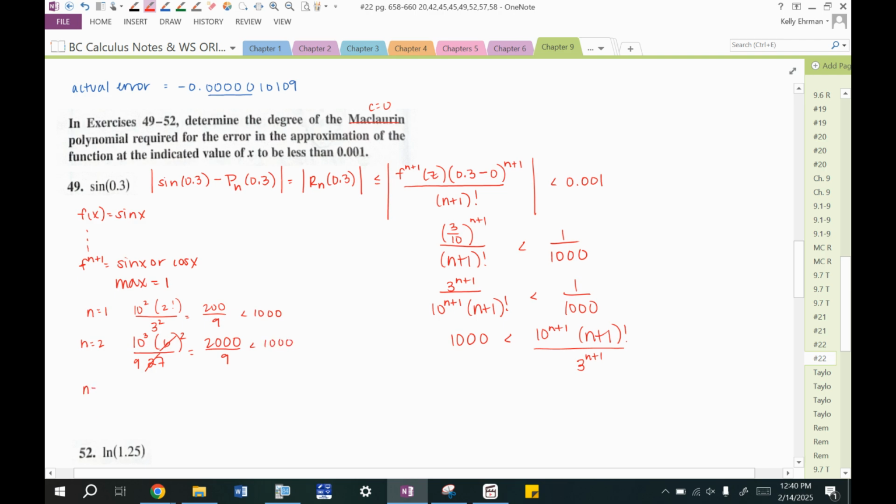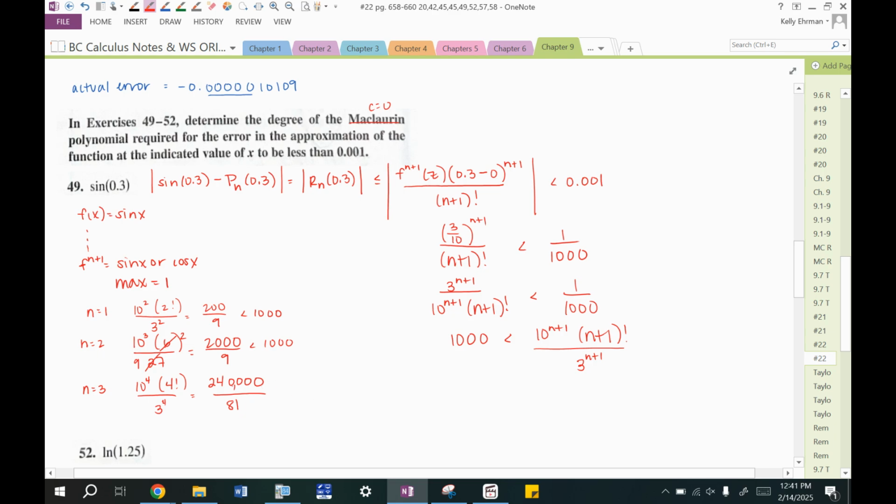Okay. What about 3? 10 to the fourth times 4 factorial over 3 to the fourth. 10,000 times 24 is 24 with 4 zeros. 240,000 divided by 81. Now, I could do this division, or I could think about it this way.